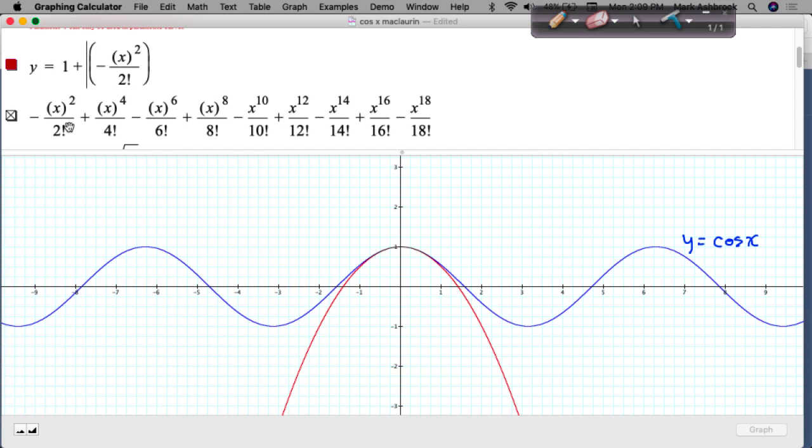It happens that all the even degree polynomials also get the next odd derivative right, so they're actually the next odd degree polynomial as well. So this will not only get the 1st and 2nd derivative right, it also gets the 3rd derivative right because of the nature of cosine at 0. So what will the 4th degree look like?